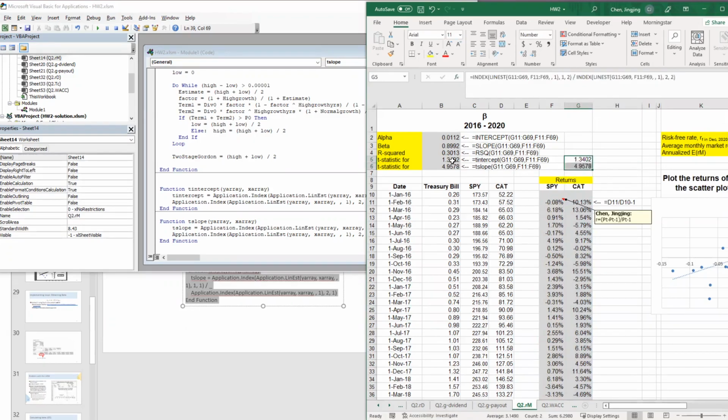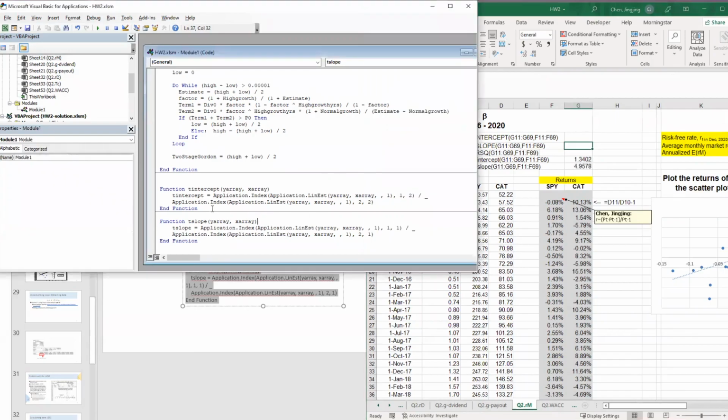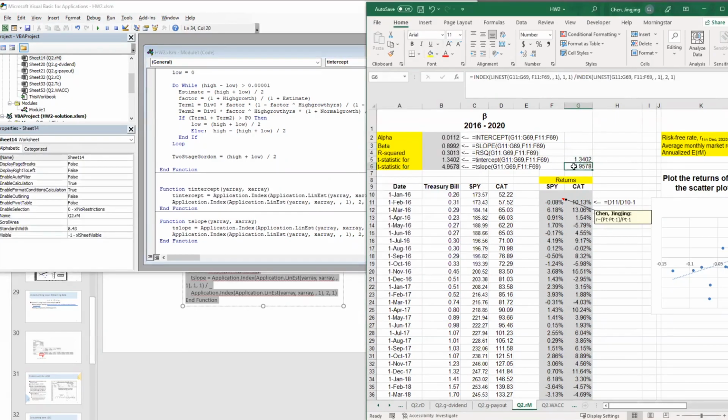So this number should equal these two numbers as in the VBA code. We are actually calling the Excel function here.